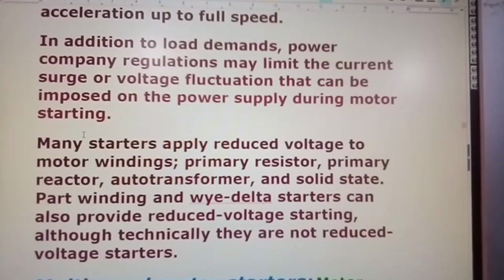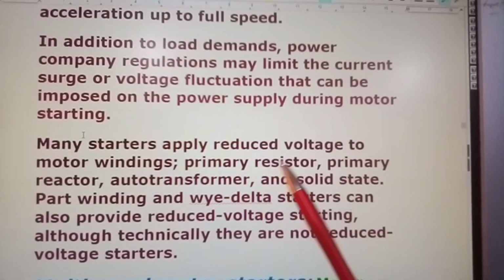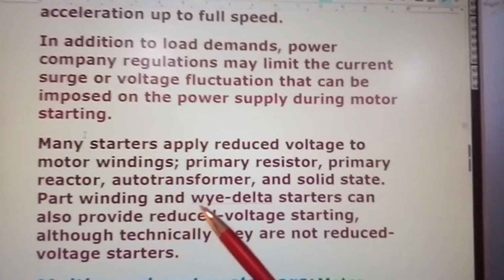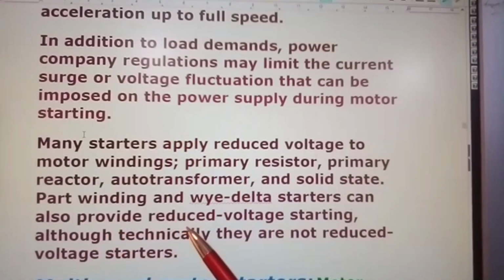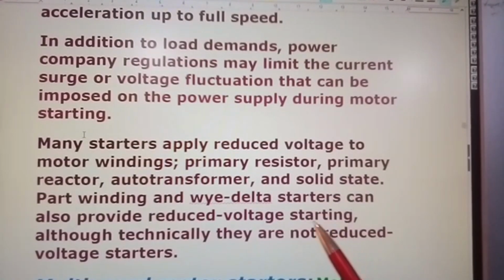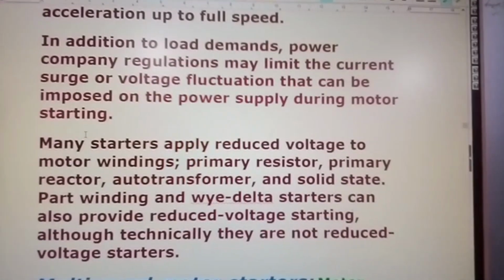Many starters apply reduced voltage to motor windings: primary resistor, primary reactor, autotransformers, and solid state. Part winding and Y delta starters can also provide reduced voltage starting, although technically they are not reduced voltage starters.